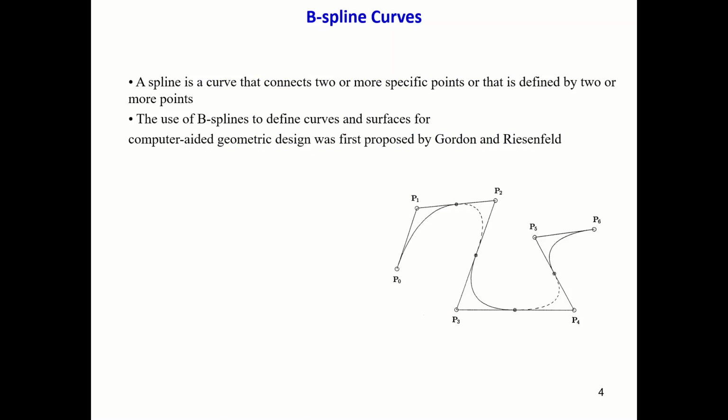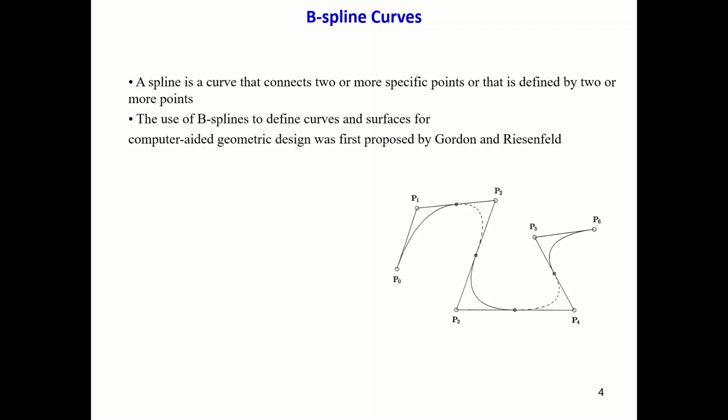Let's get into part 1, the technical details of the topic. B-spline curves. A spline is a curve that connects two or more specific points, or that is defined by two or more points, meaning each control point will affect the shape of a curve over a range of parameters.